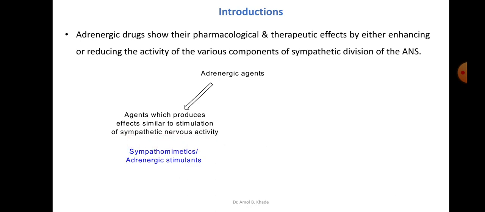So these are called sympathomimetics or adrenergic stimulants, because they are acting similar to the stimulation of the sympathetic nervous system. Mimetics means they are mimicking or resembling the natural sympathetic nervous system. Okay, so they are referred to as the adrenergic stimulants.